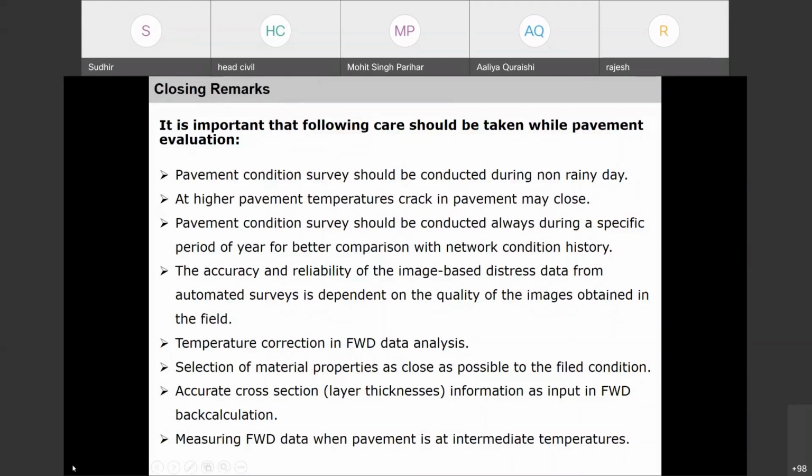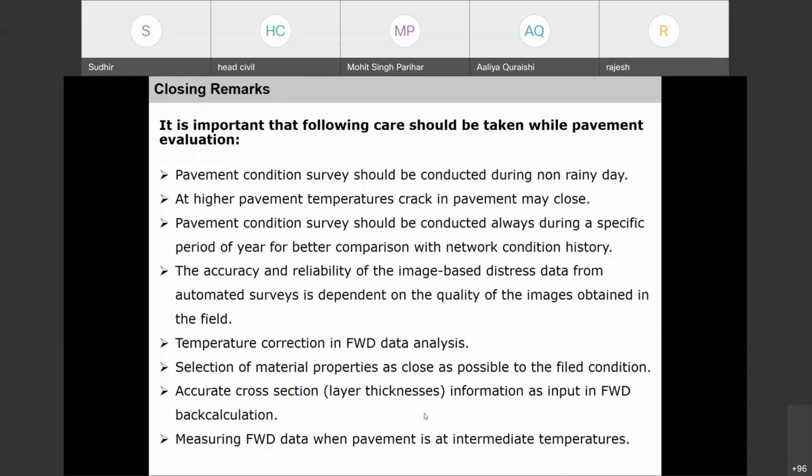And finally, if we talk about conducting an FWD test or any other non-destructive test, it is advised that you conduct the test in the intermediate temperature range, okay? Because at higher temperatures, your assumptions about the material properties, for example, if you are assuming the material to be elastic or viscoelastic, may not hold, okay?